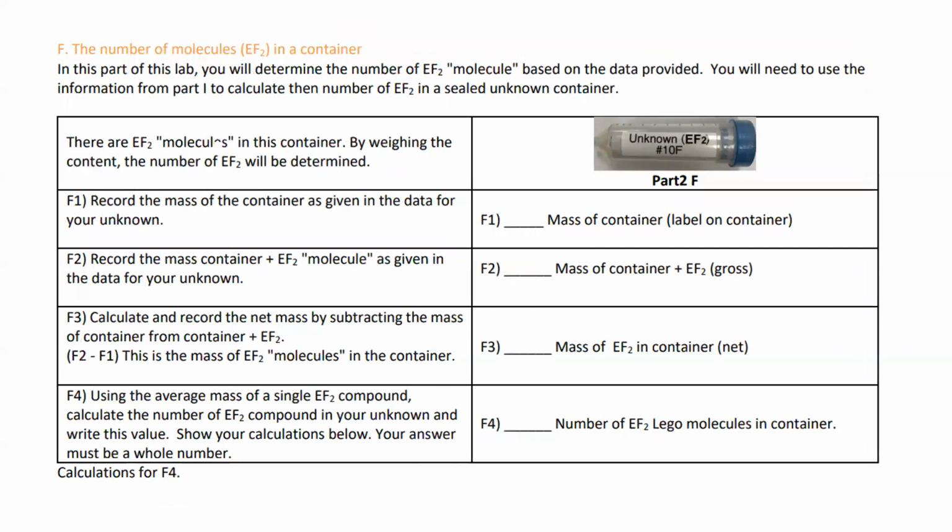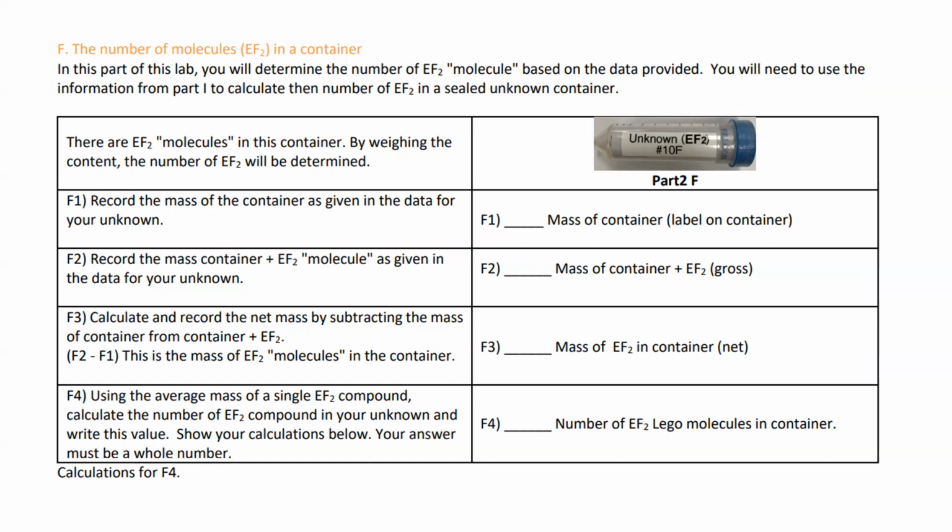Part F is very similar, but now we were back to the Lego bricks, right, with molecules EF2. Again, this data is given to you from the unknowns on Canvas. You'll be given the mass of the container, and some number of EF2 molecules that's unknown.